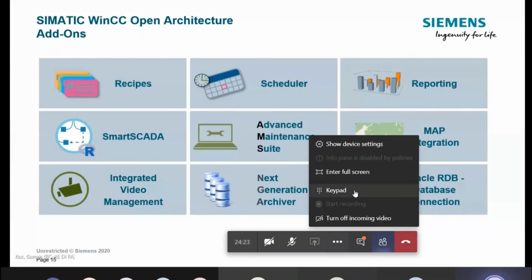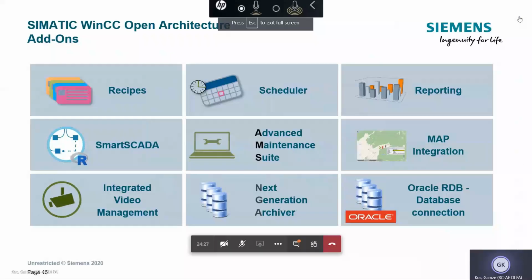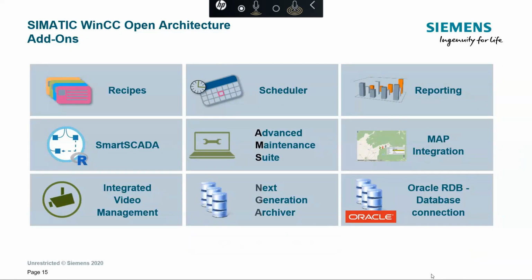Besides that, there are some add-ons of WinCC OA in case you need additional functionality. For example, recipes for managing the parameter sets and the set point list, or scheduler for settings of timers and events. Reporting to have an active connection to the reporting tools.